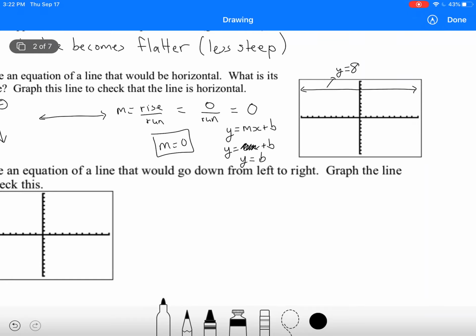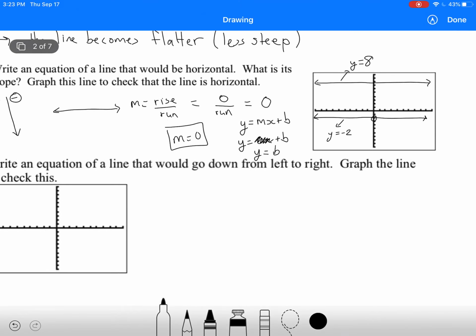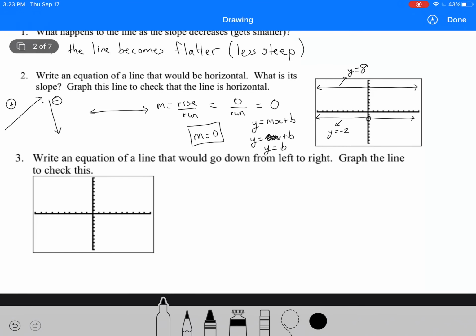And again, if I did another one, and let's try to do this as neat as possible, this line here, that is y equals -2, because that's where it hits our y-axis. Because these have no rise, that's why they have a slope of 0.